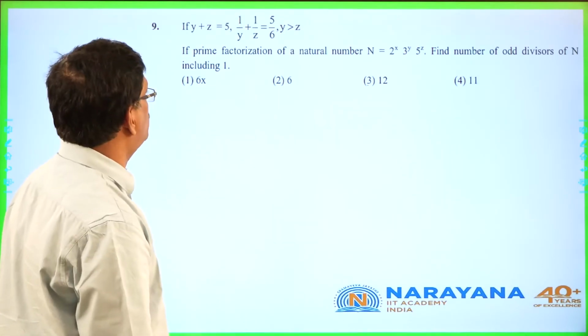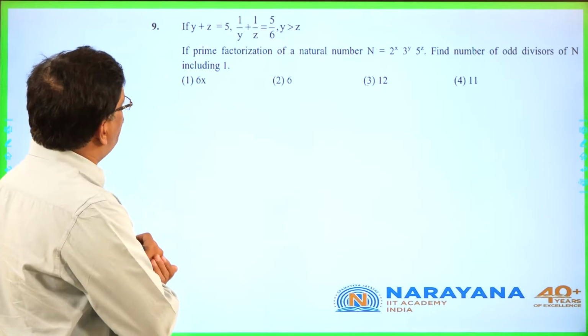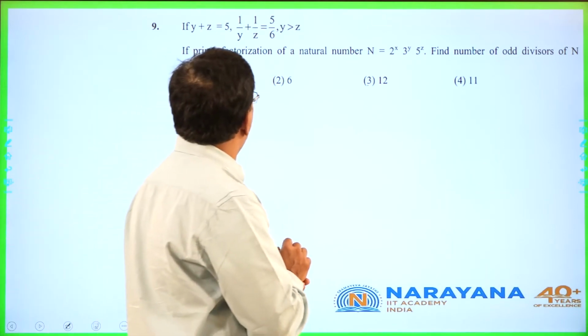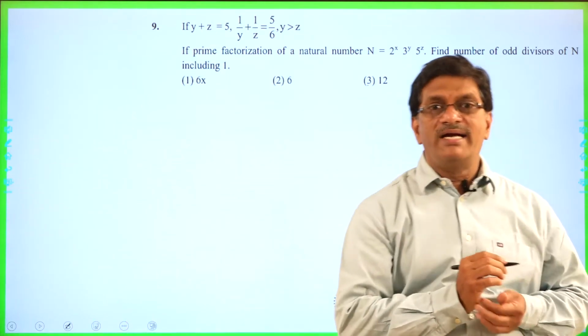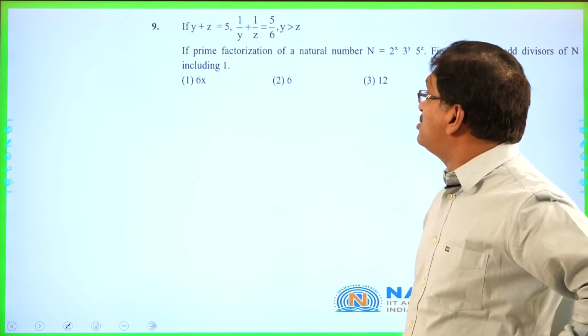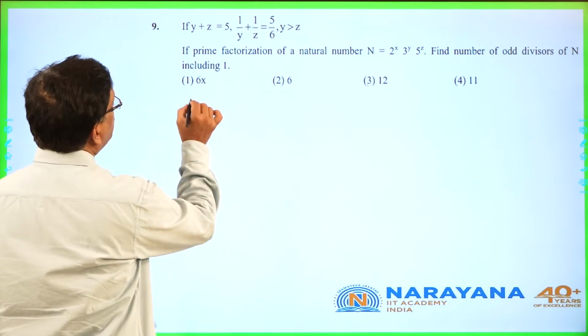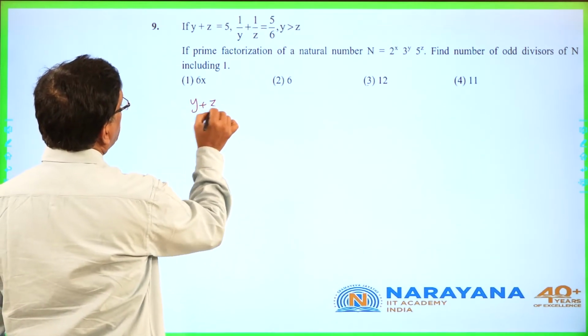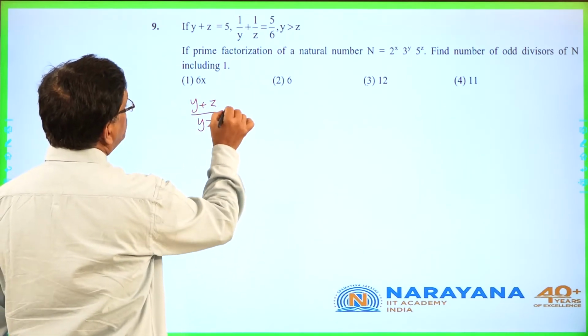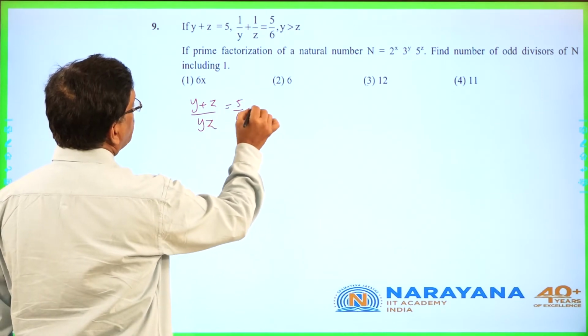That is the 9th one. If y plus z equals 5 and 1 by y plus 1 by z equals 5 by 6, if you take the LCM here, it is (y plus z) by yz equal to 5 by 6.